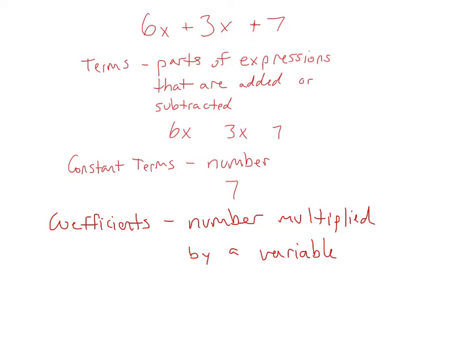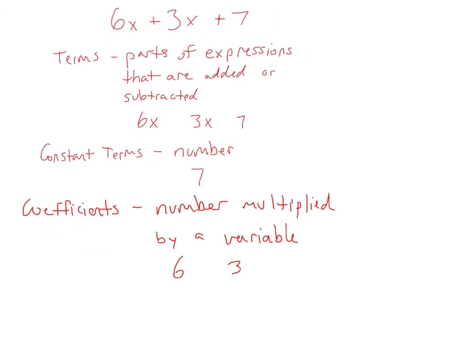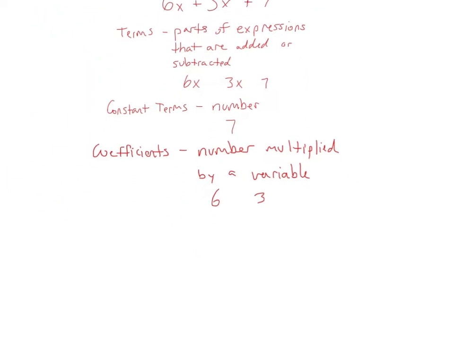Okay, so what are my coefficients here? Well, I have a 6x, but what's the coefficient? Well, it's only the 6. Okay, 6 is the coefficient of the term 6x. Now I have another term with a variable in it. That term is called 3x. But what's the coefficient of that term? It's a 3.